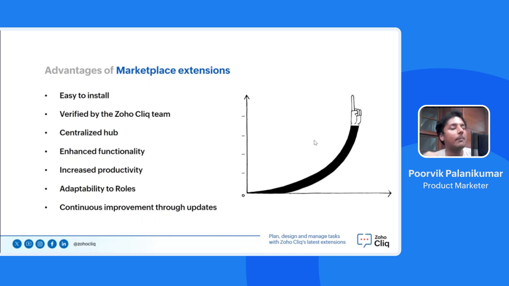If you don't select that, you can manually go to the Cliq marketplace, and it will show that a new update, 1.2 or 1.3, is available. If you want it, you can manually click on the button, and it will download the extension and replace the previous version with the new version.